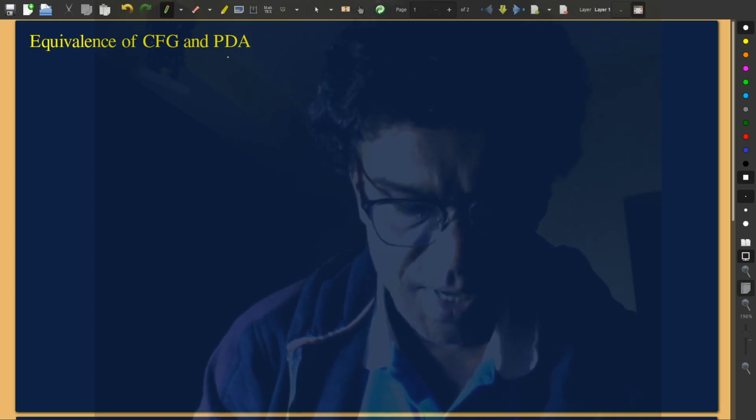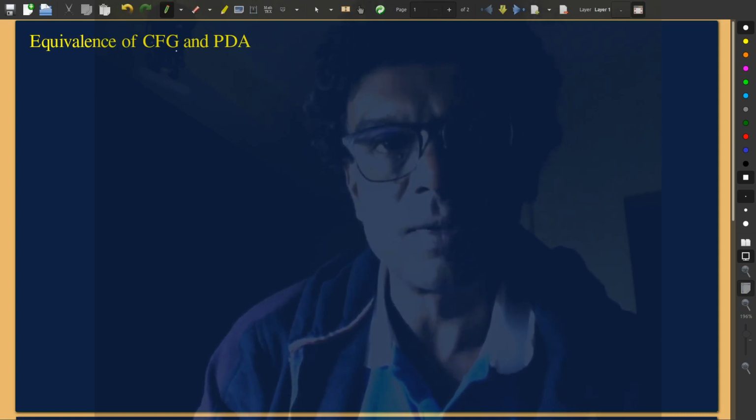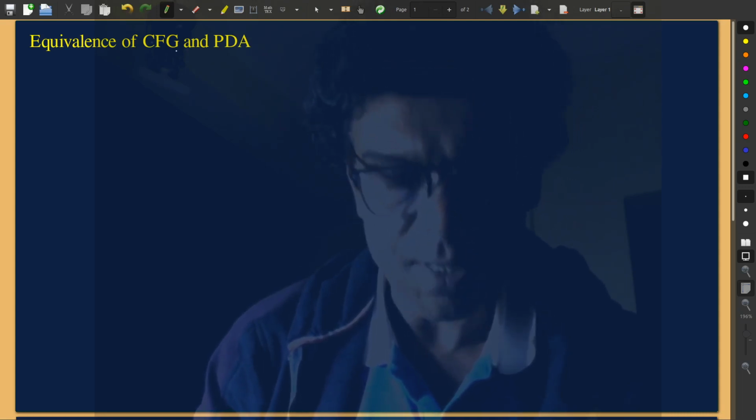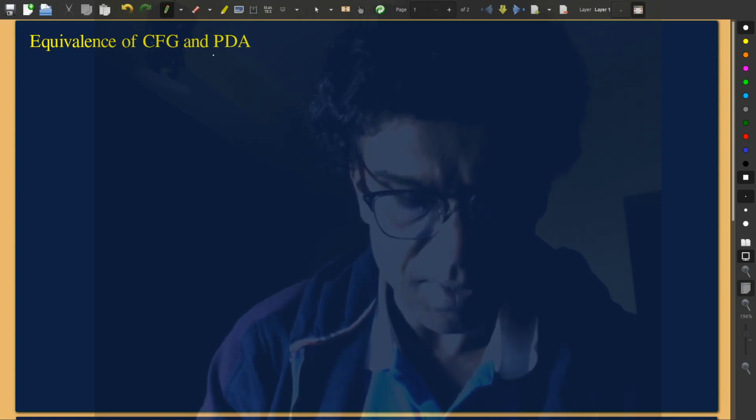Today we will see that these two ways of defining languages are exactly the same. That is, given a context-free grammar, I can design a pushdown automaton accepting exactly the same language as the grammar does.